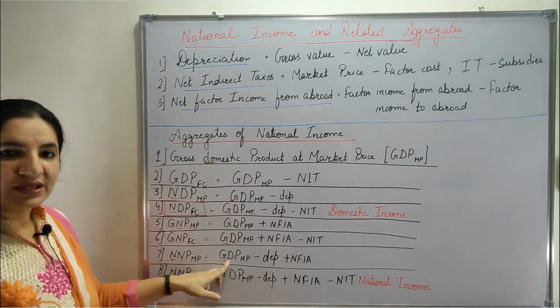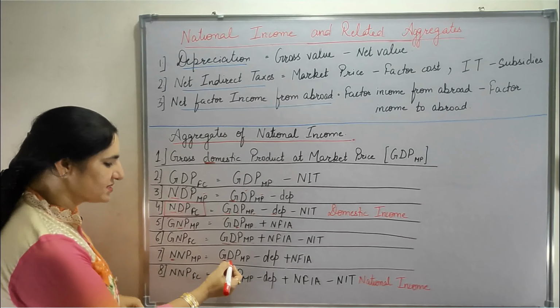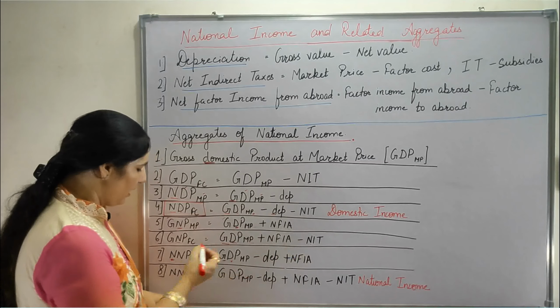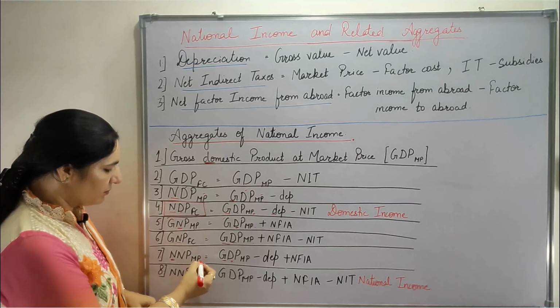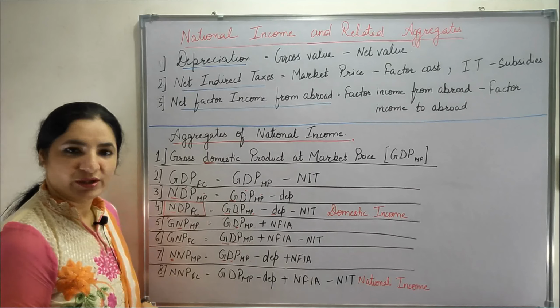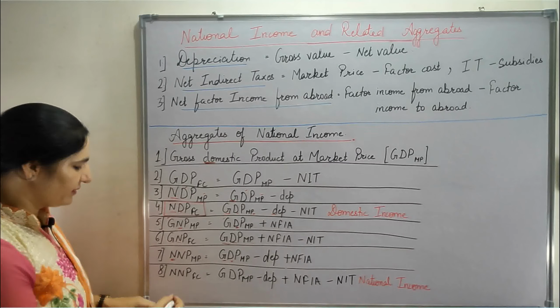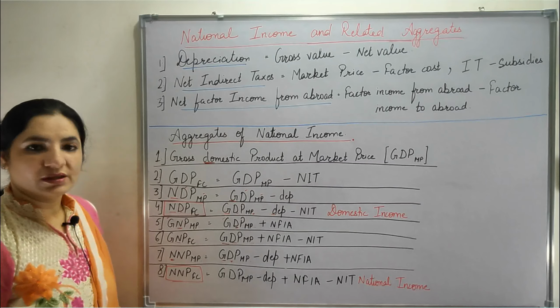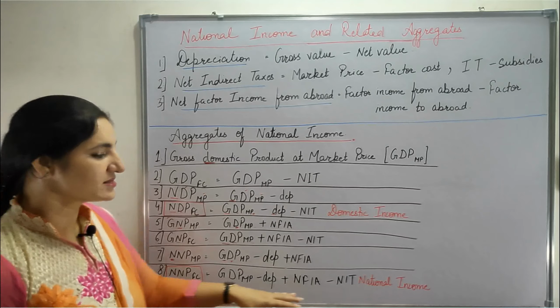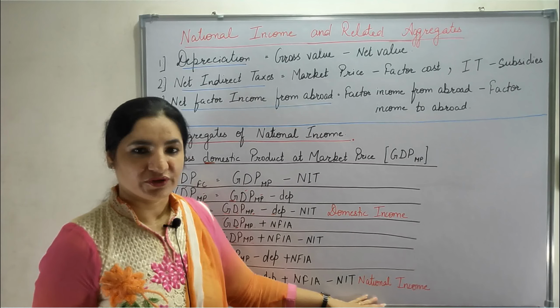Second aggregate is domestic here and national here. In domestic we will add NFIA and it will become equal to national, and market price both are equivalent. Same way the last aggregate is NNP at FC. NNP at FC is also called as national income of the country.